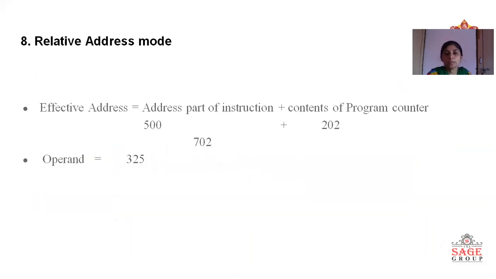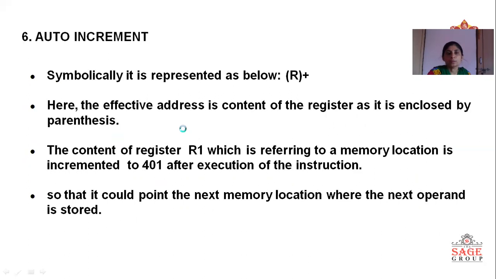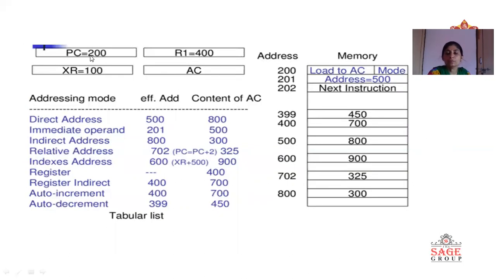Next is the relative address mode. Here the effective address is the address part of the instruction plus the contents of the program counter. In the example, the program counter value is 200 and the instruction address part is 500. The program counter holds the address of the next instruction to be executed.